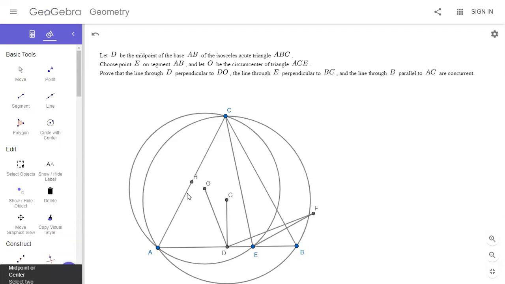Just going to draw that in there. Does that really do anything?